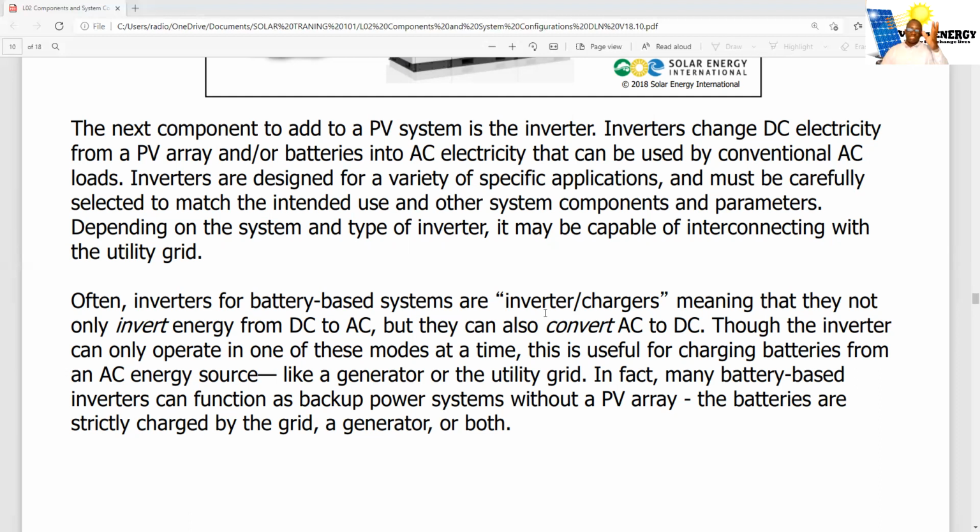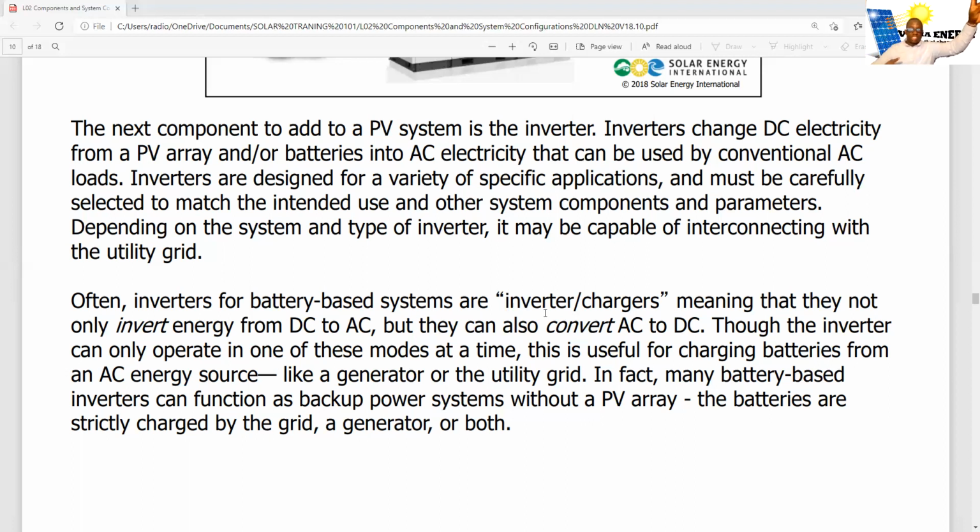Like I just explained, you can have a standalone system wherein you don't have any source coming from outside, no generator and no utility grid. Or you can have a standalone system that has a backup generator that, when there is no sun, also sends current into the inverter charger that will provide AC current and DC current to charge your battery.